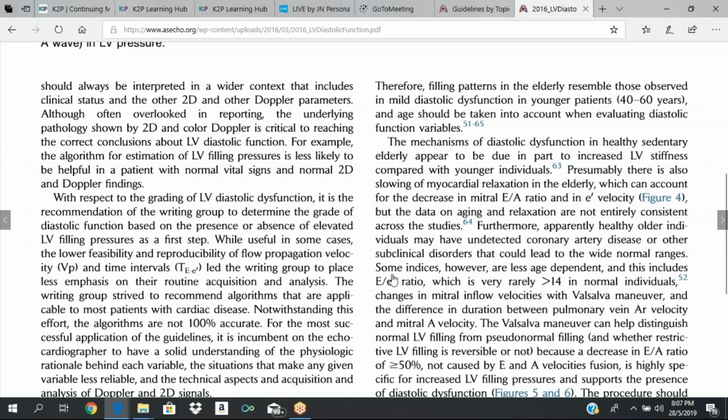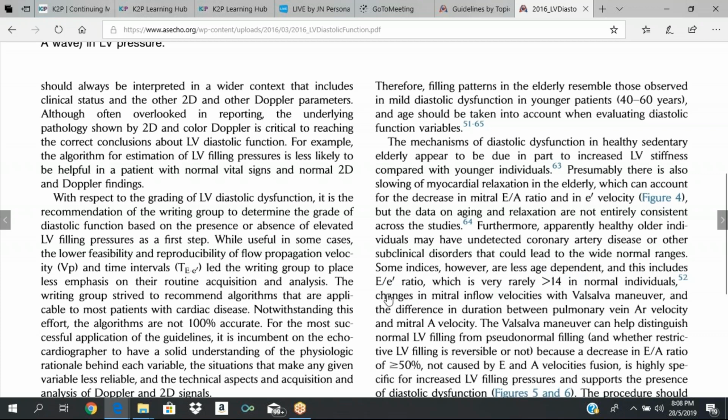So if you get an E to E prime ratio which is greater than 14, it is telling you that you have an increase in your LV filling pressures or increase in the left atrial pressure. So it's important to note this ratio, E to E prime, okay? It is less age dependent. And if it's greater than 14, it suggests that you have an increase in your LV filling pressure or left atrial pressure.